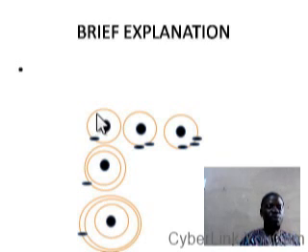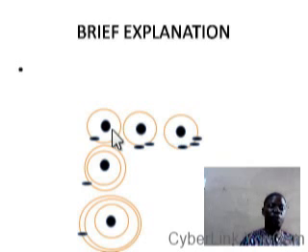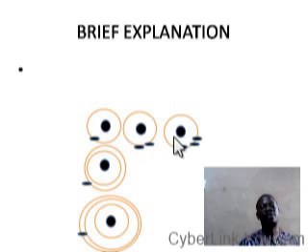Let's look at across the period. We have said this atom is bigger than this atom. This atom is also bigger than this atom. So as we go across the period, the atom reduces, meaning that the electrons come closer to the nucleus, and therefore from the principle we have just mentioned, the energy required here will be less compared to the energy required here and compared to the energy required here.